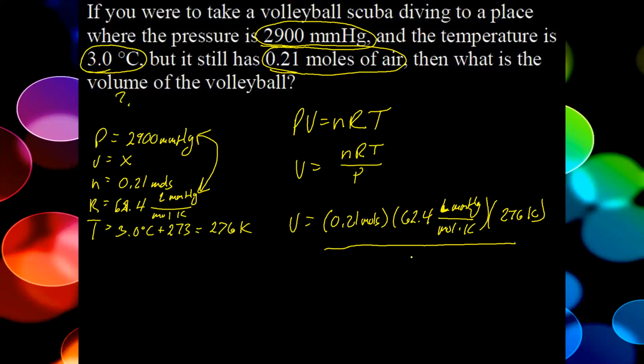It's a good reminder, so check those labels carefully. And I'm going to have on the bottom 2,900 millimeters of mercury. So that cancels that, that cancels that, that cancels that. Liters is what's left. Liters is a good label for volume.